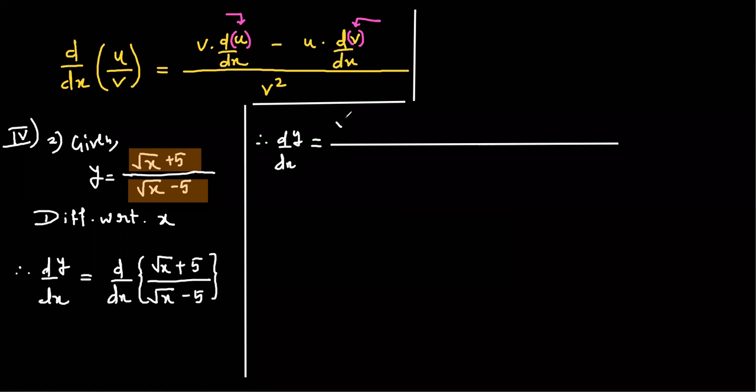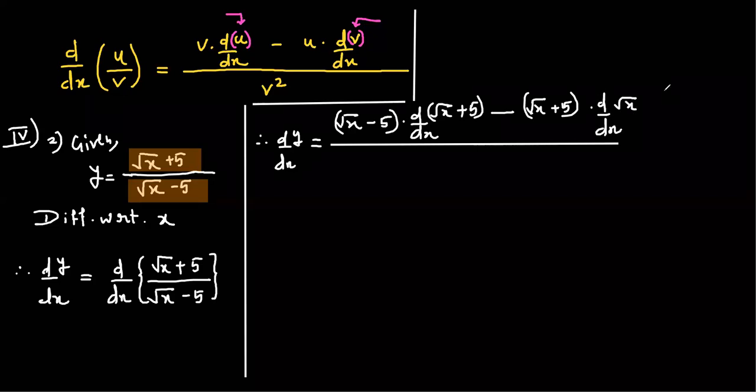As you know, the numerator is always differentiated first when it is the division rule. So root of x minus 5 multiplied to d by dx of root of x plus 5, then negative sign, and now it's the turn to differentiate the denominator, and the numerator will be multiplied. So root of x plus 5 multiplied to d by dx of root of x minus 5, and then you divide by the square of the denominator, root of x minus 5 square.